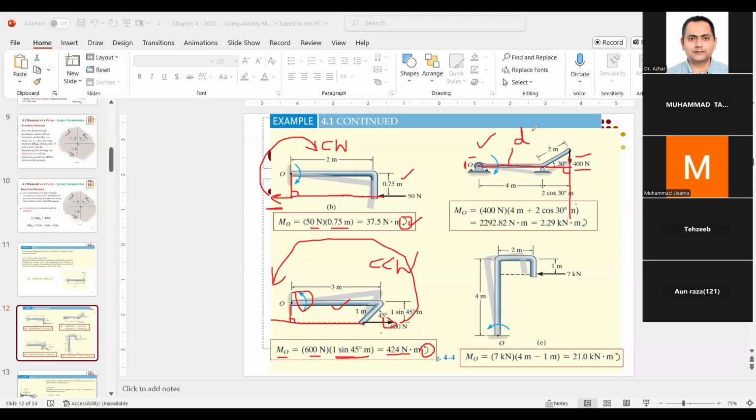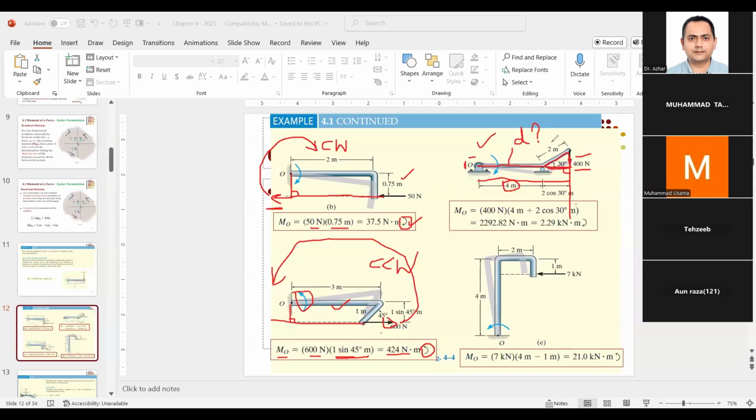Okay, so what is this distance D? The distance D is basically this 4 meter. 4 meter is from here to here, and then add this distance as well, which we will get from this triangle right here.